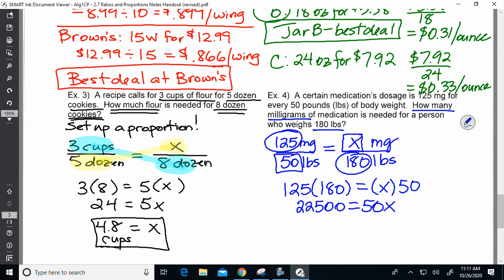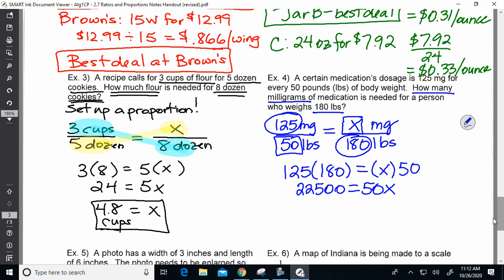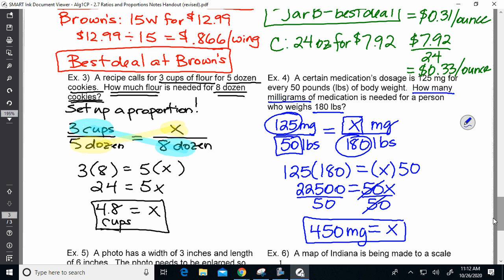Alright, so we got 22,500 equals 50x. What do we do to both sides? Divide by 50. 50 drops out. So that means if you weigh 180 pounds, you're going to need 450 milligrams of this medicine.